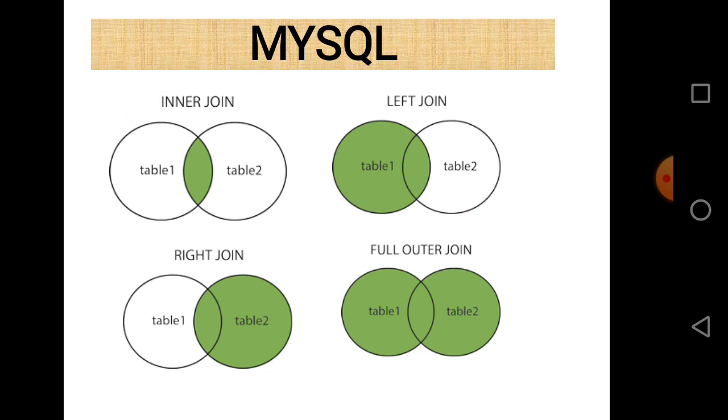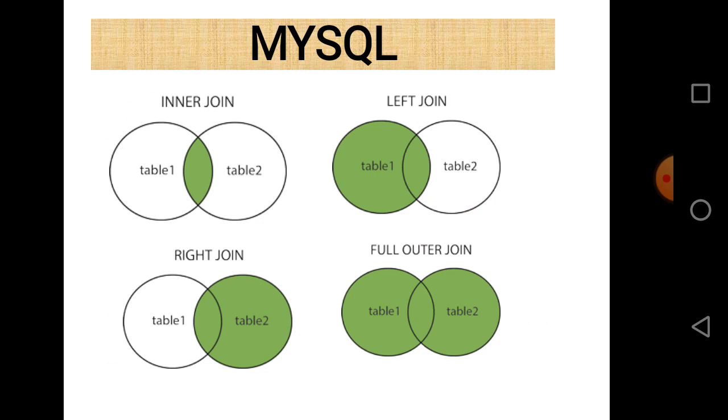Table 1 and table 2 are two tables, and when we perform an inner join operation, the green area reflects the joined table. Second is left join, where table 1 is totally covered by the green area. Third is right join, which reflects right outer join, shown by the green area. And the fourth one is full outer join, covering both tables by the green area. So these are basically the inner and outer joins.